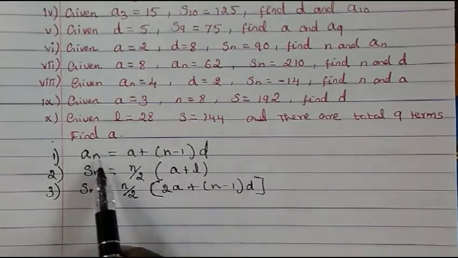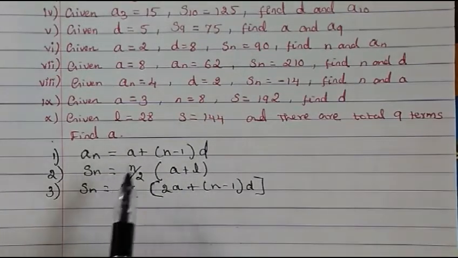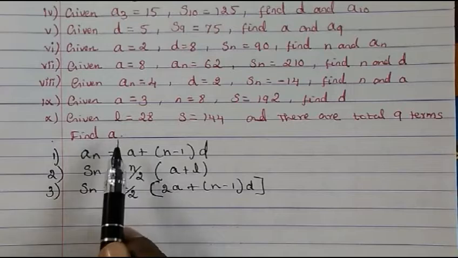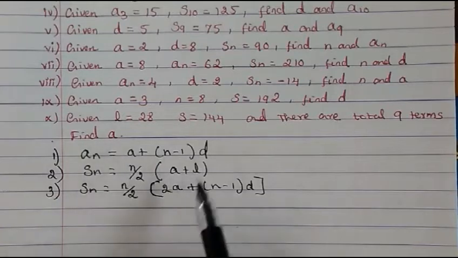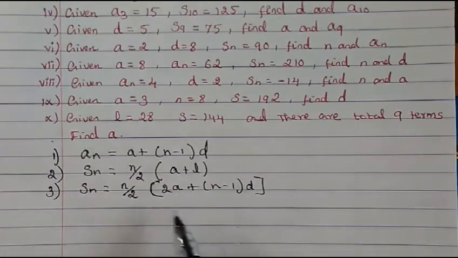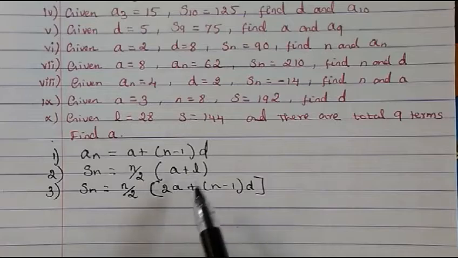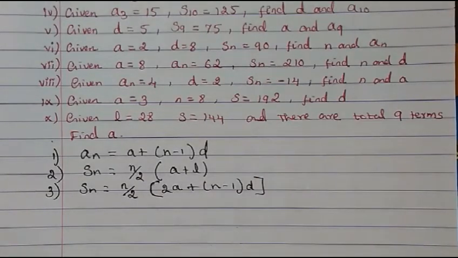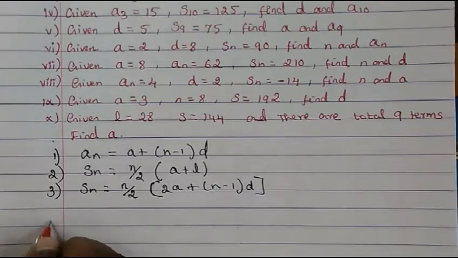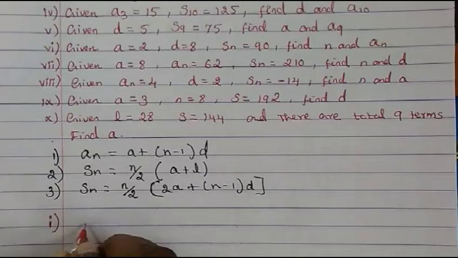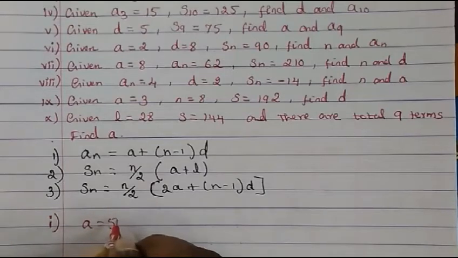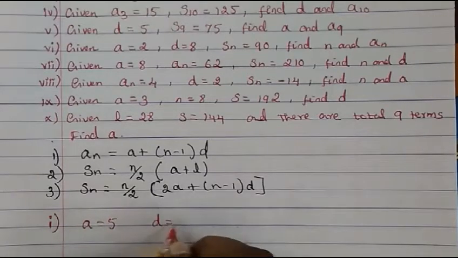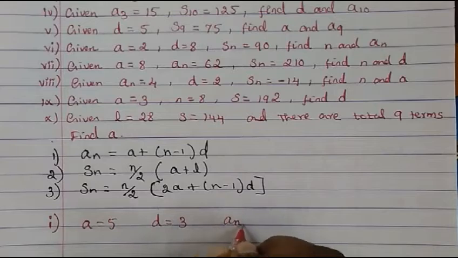First you have to find out which values are given to us in the question. Write down those values, then see which formula will be applicable, use that formula and find the sums. Now let's see the first one. In the first one, A is given to us, D is given, AN is given.